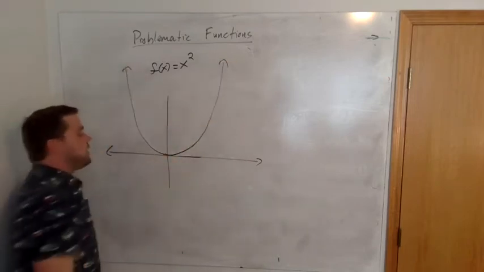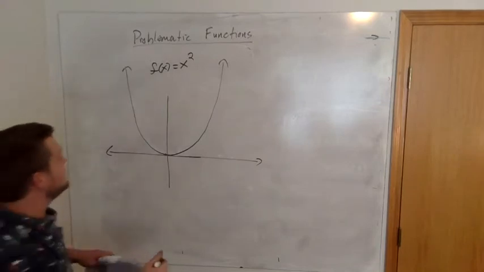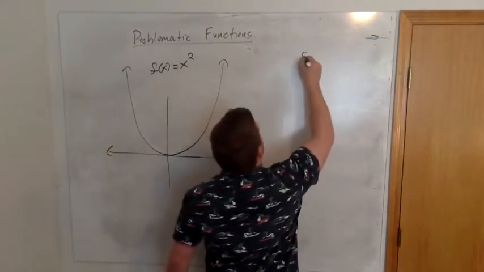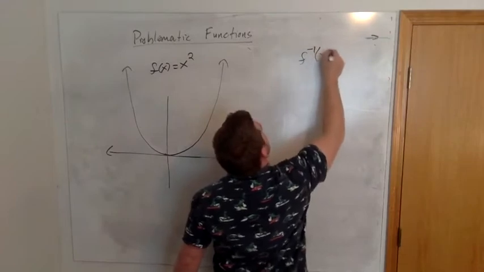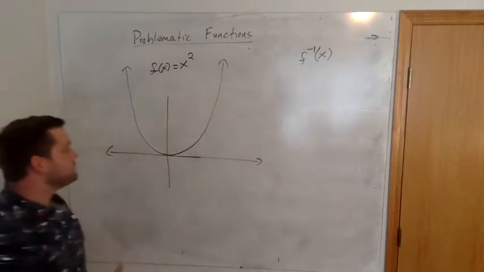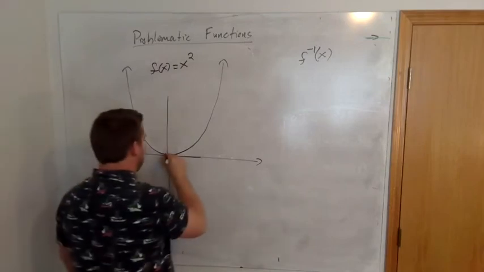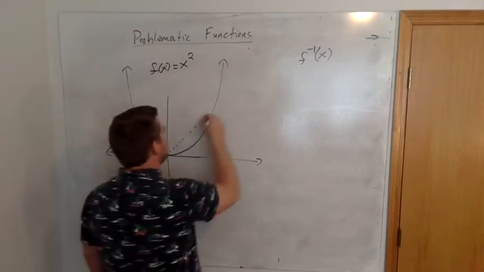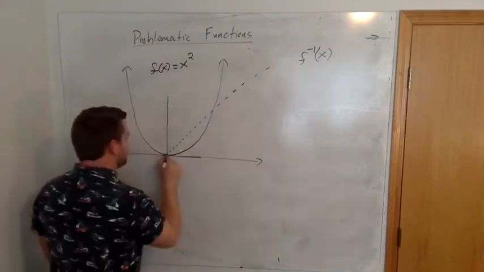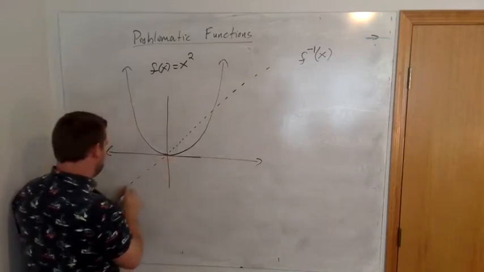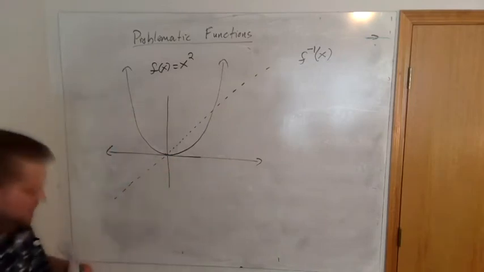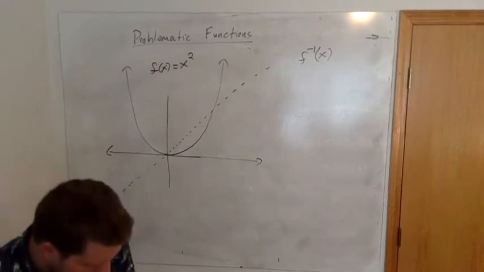Now what I want to think about is what would the graph of the inverse function look like. We don't even have to find it algebraically, we can just think about it graphically. So if I'm thinking about reflecting this graph over the line y equals x, let's think about what picture we're going to get.